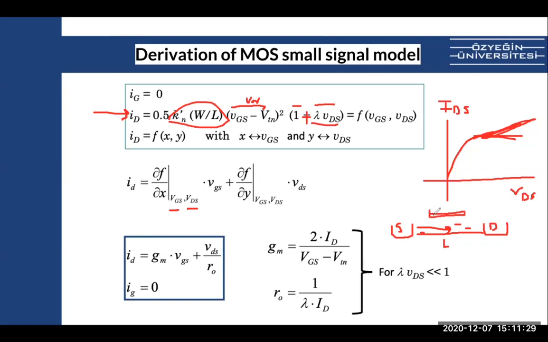This is the silicon oxide insulator. And we have metal here, just like we have the metal for the source, we have the metal for the drain.